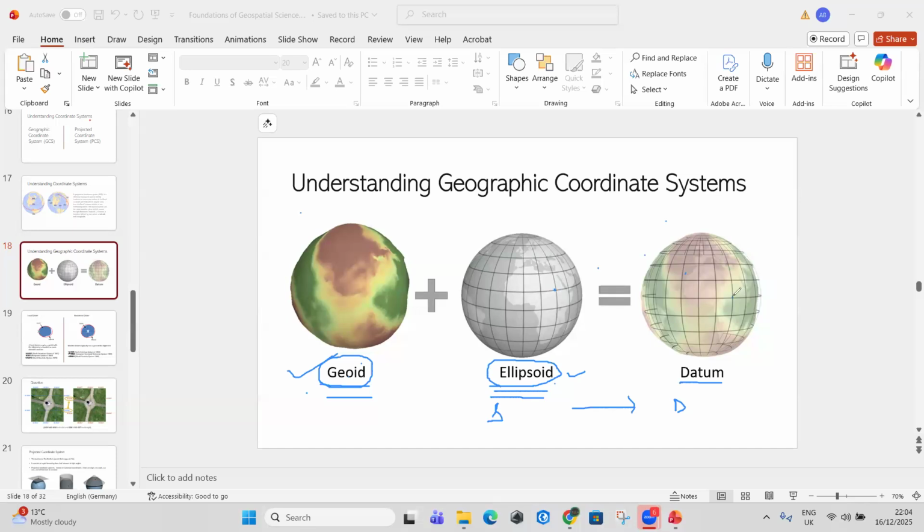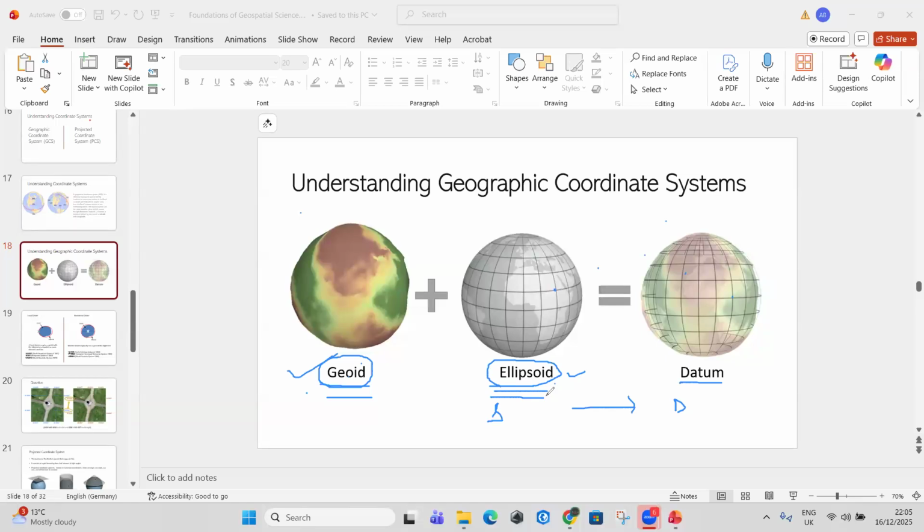But if you have a different reference model, that 30 degrees north and 30 degrees east will not be at the same place, because in that model the shape of the earth is different. So for different datums inside a geographic coordinate system, the same location is not at the same place.